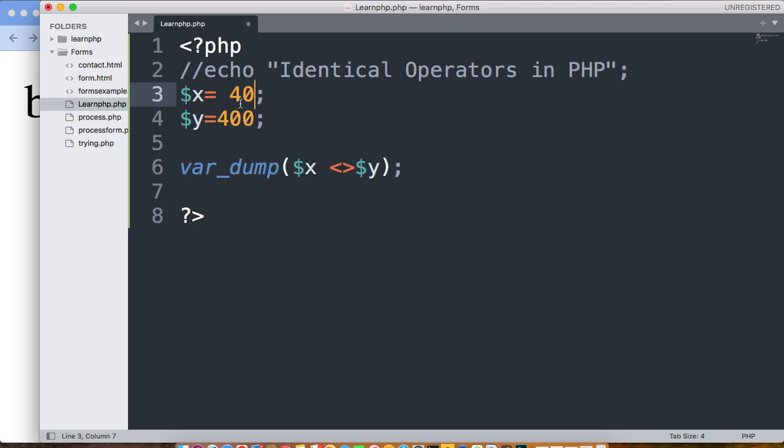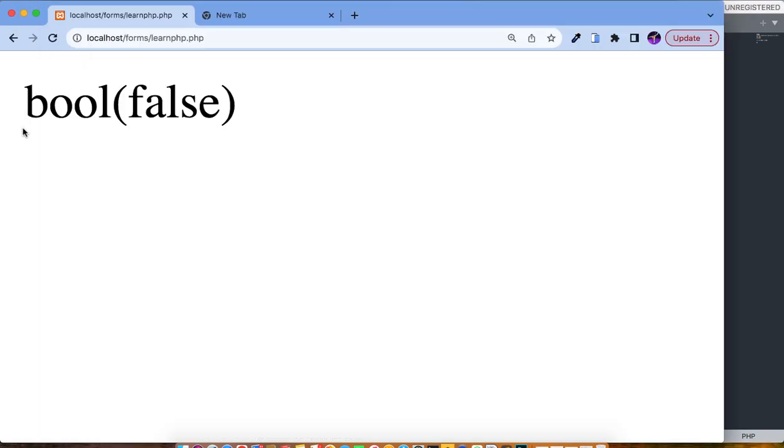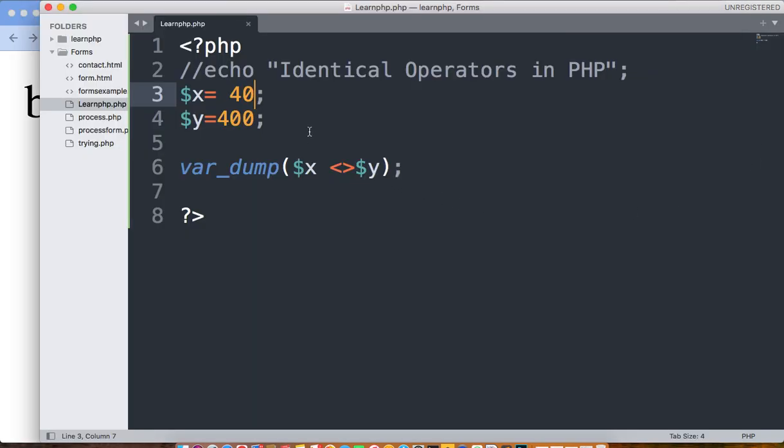If you put 40 here, it's going to give us true because it is not equal to. Is x equal to y? No. When it is no, it returns true, because the question is positive. If it is yes, it returns false. That is how you can work with these two not equal to operators.